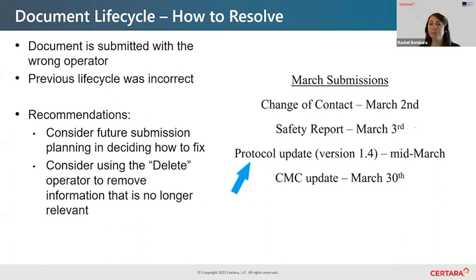So for the protocol I showed, if there's going to be another amendment to that protocol, it's best to make the updates and any adjustments with that protocol update than in a submission where it's an unrelated change of contact or where CMC is being updated instead of the protocol. Try to group it in a way that really overall makes sense versus just the next most convenient sequence.